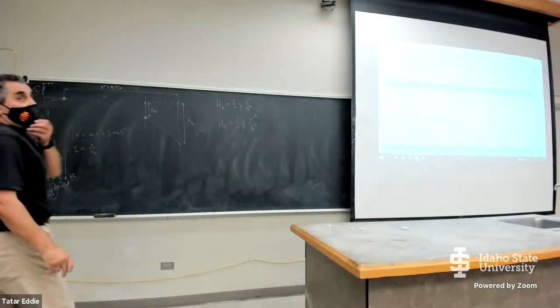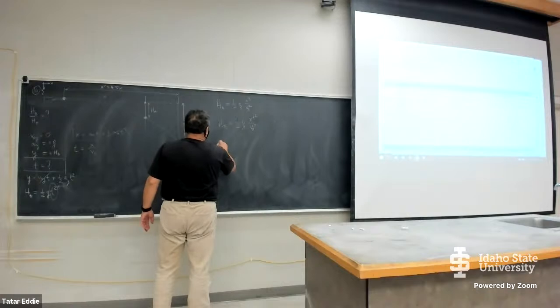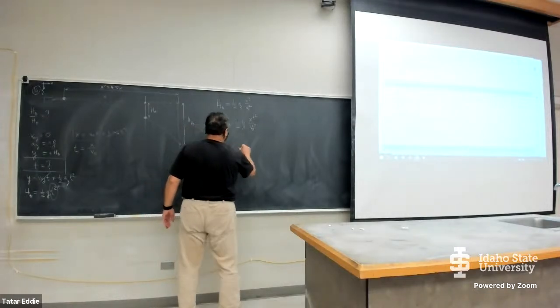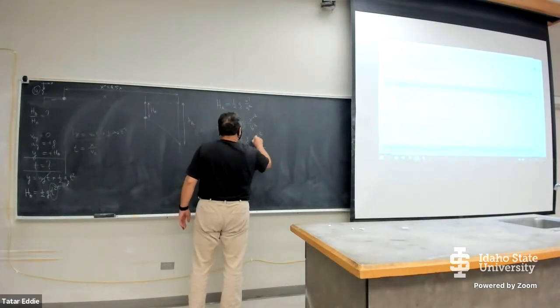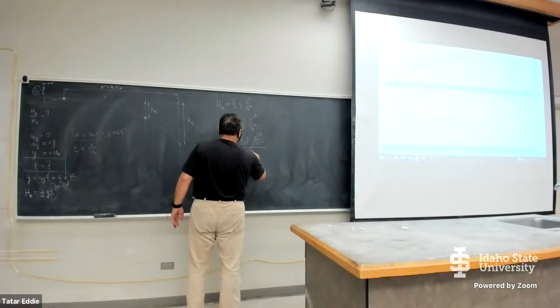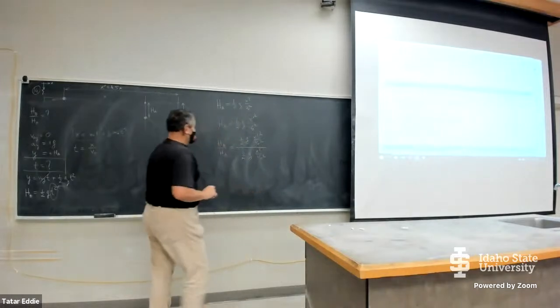And now form the ratio that they want. So H_B divided by H_A is going to be 1/2 g x prime squared divided by g naught squared, divided by 1/2 g x squared divided by g naught squared.